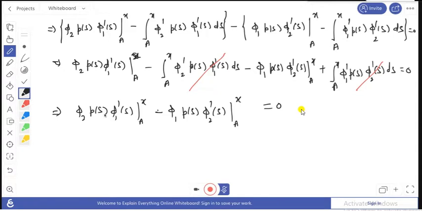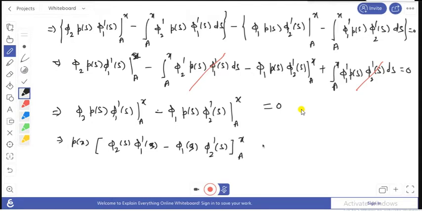And if we put here this lower limit, so in that sense we can write here px as the common factor, so this is px, and that is phi 2 s and phi 1 prime x minus phi 1 x and phi 2 s, that is a to x there. So this equals 0.